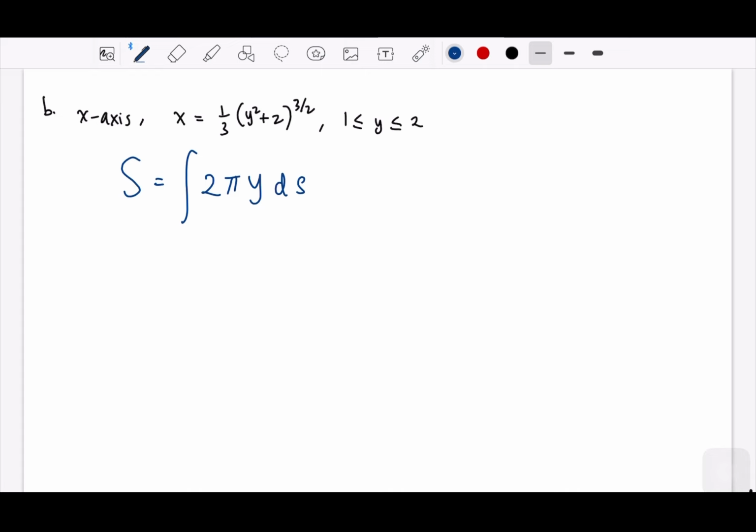I think that's a better choice, okay? A wise choice, because if you switch x and y, it may get messy. So we are going to take dx over dy, the derivative with respect to y.